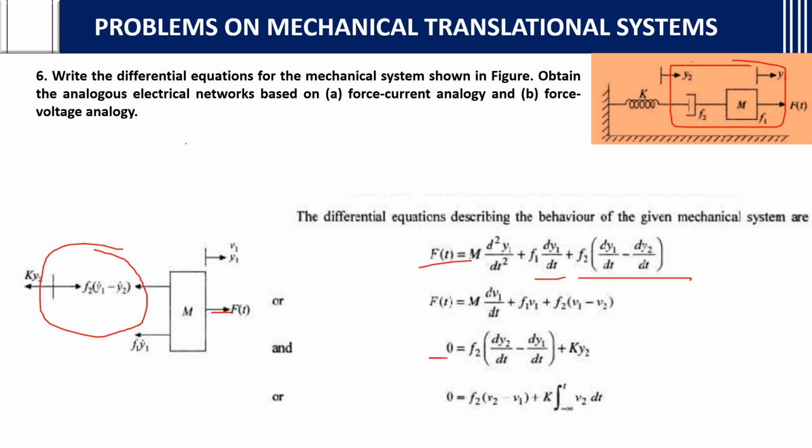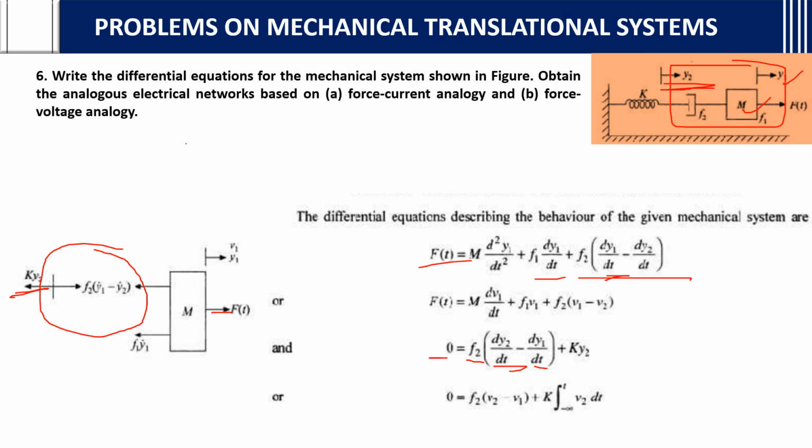Then what is the next equation? F2 into, here we are writing with respect to y2 displacement, so it will be dy2 first and then dy1. In the previous equation dy1 came first because we were writing with respect to y1, but here we are writing with respect to y2. So dy2 by dt minus dy1 by dt plus Ky2 is equal to 0.